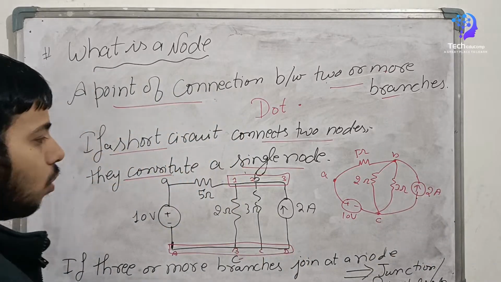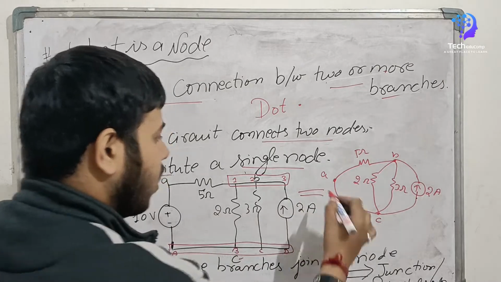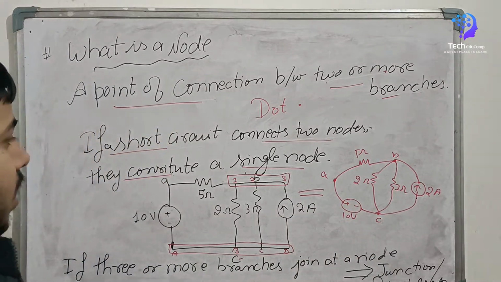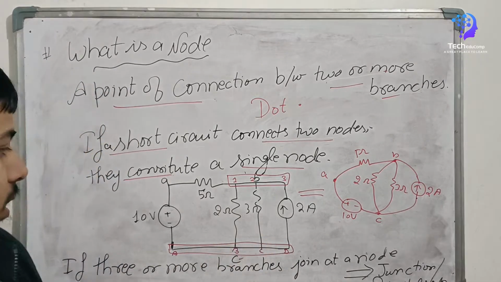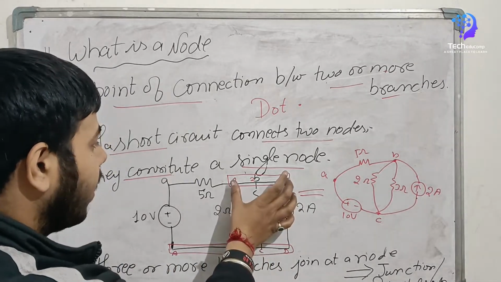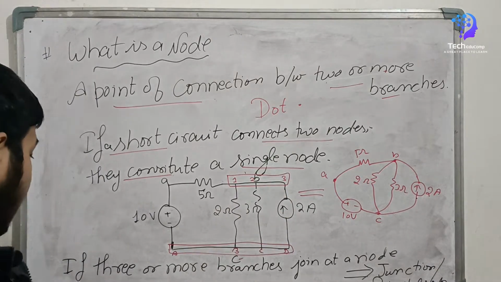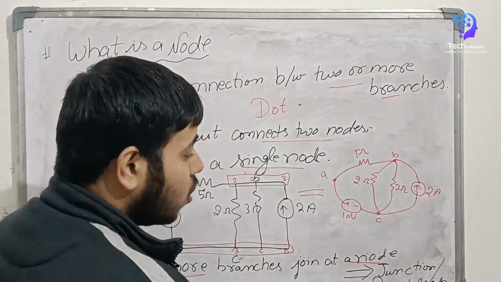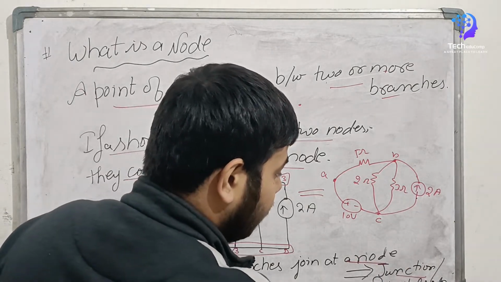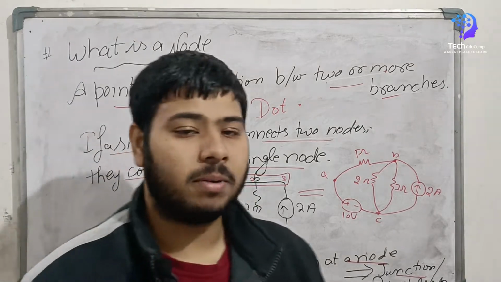These two circuits are equal, as I just joined these four nodes into a single node and these three nodes into a single node. If three or more branches are joined at a single node, it is known as a junction, or a principal node. So this was all about nodes.